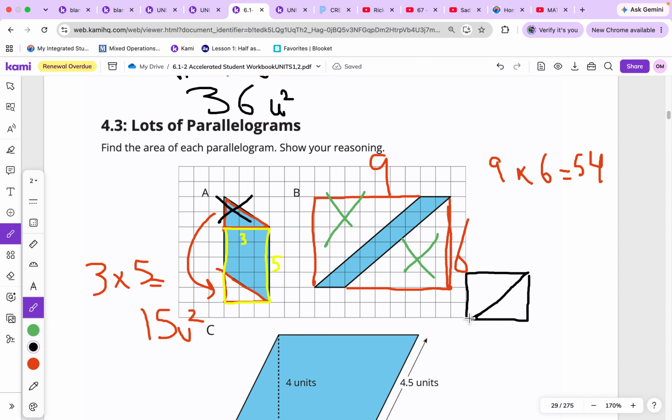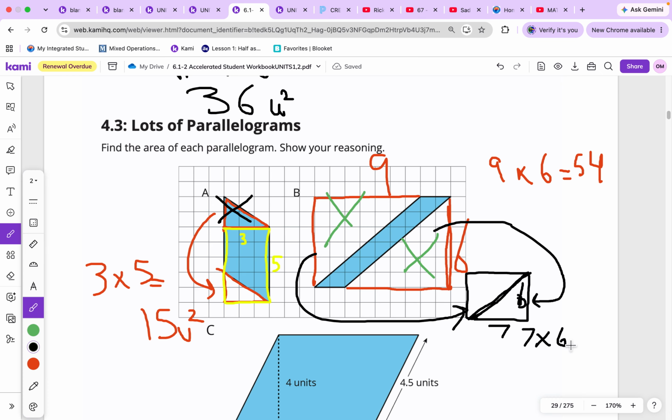So if you slide this one over here and you slide this one over here, you get a rectangle. Let's see the length and the width of it. 1, 2, 3, 4, 5, 6, 7. 1, 2, 3, 4, 5, 6. So I can say this rectangle would be 7 times 6, which is 42 units squared.